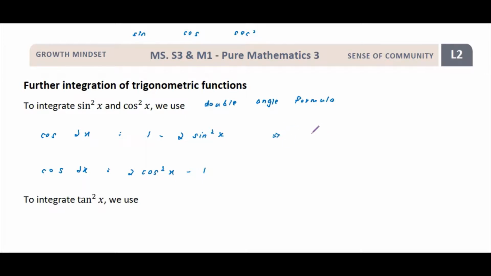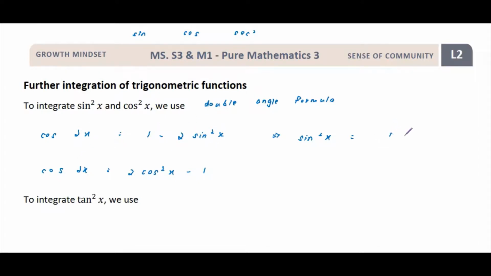Let's imagine everything in your head. Sine square x will equal to, you bring the 1 over there, right? Then you have negative 2, meaning the whole thing needs to be divided by 2, so 1 over 2. Imagine exchanging this part and this part first.